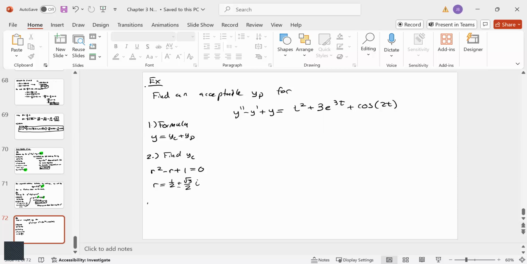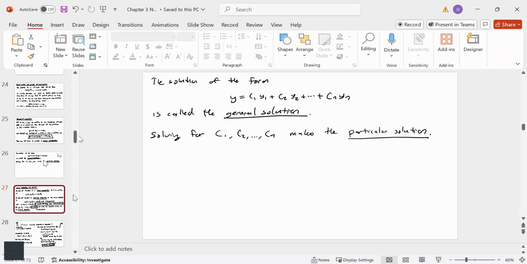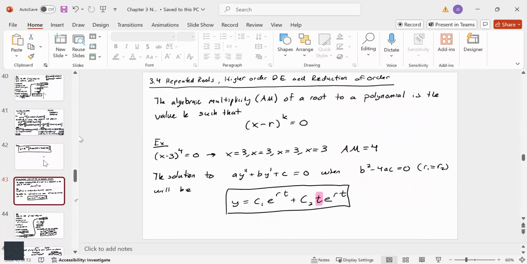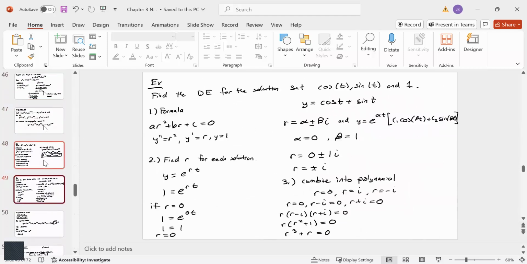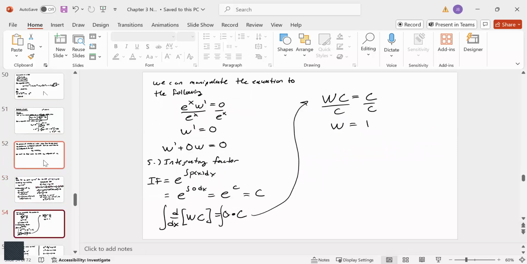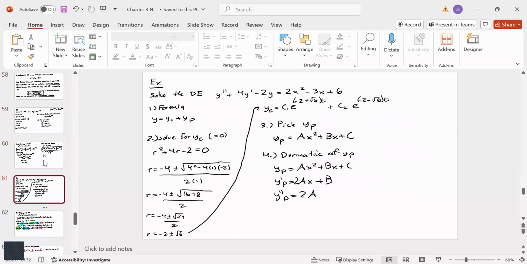So then the complementary solution is e to the 1/2 t... was it negative or positive? Let me go back. I think I might have put negative. Sorry, I just want to make sure I have the right thing because I remember putting negative earlier.